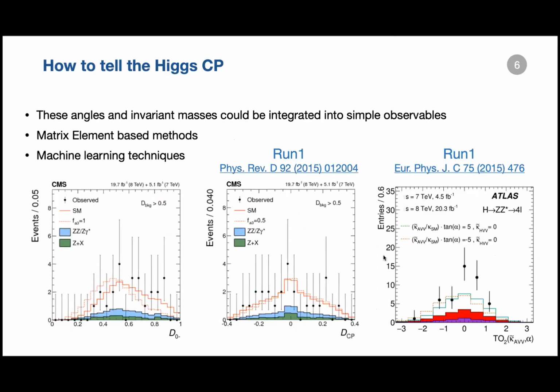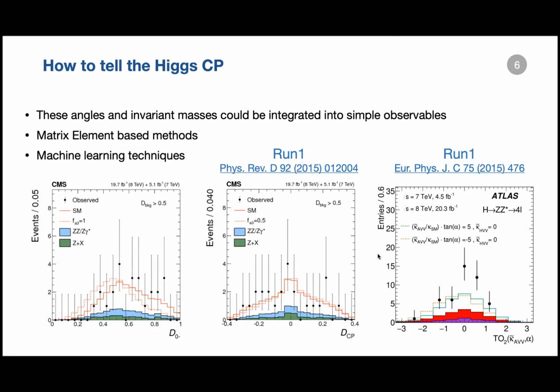We do see that these angles carry enough information and there are a lot of them, but experimentalists do not want to deal with multidimensional problems. They like to have an elegant and simple observable which helps them tell the property of the Higgs boson.